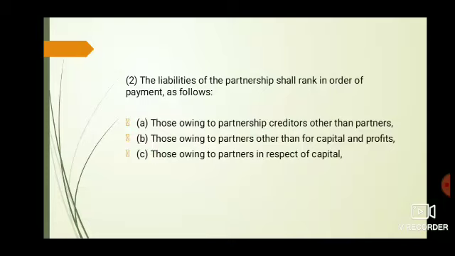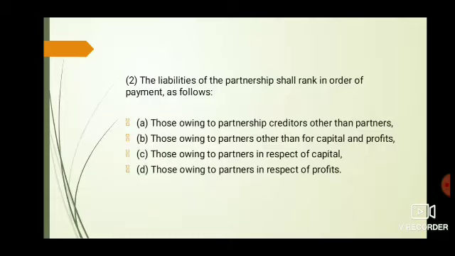Take note that an industrial partner is not entitled to participate in the capital because he or she did not contribute money or property or both. The last one is those owing to partners in respect of profits. Another information is an industrial partner is entitled to participate in the profits.